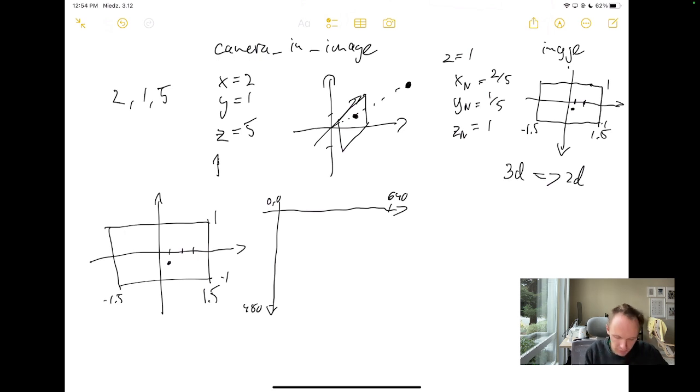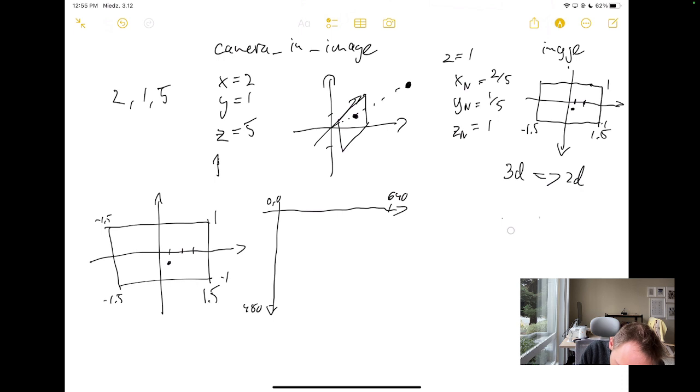We need to squish or expand and shift. So we want minus 1.5 actually, minus 1.5, to map to 0. And then, actually it will be something like this.